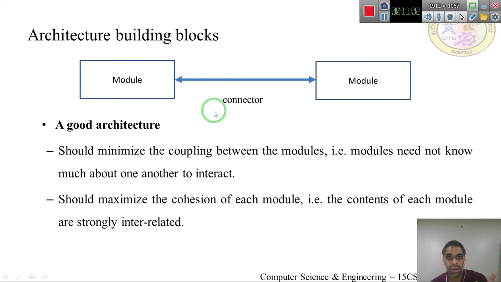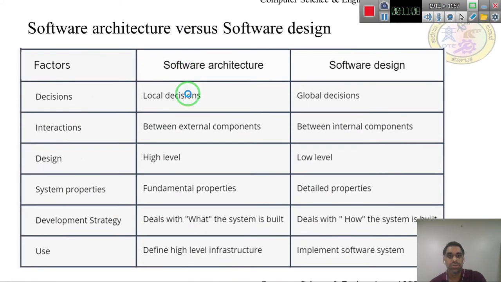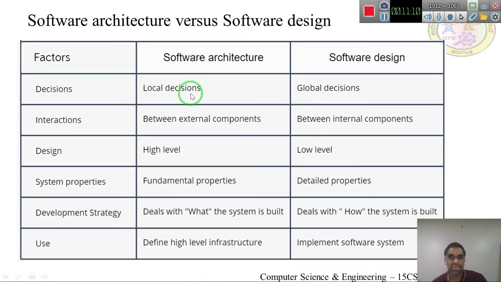So now in this, what do you understand? Module acts like a building block for an architecture. Okay, so that was about architecture and architecture building blocks. So next we will see how software design is different from software architecture. So when I consider factors like decisions, what would be the decision in software architecture?